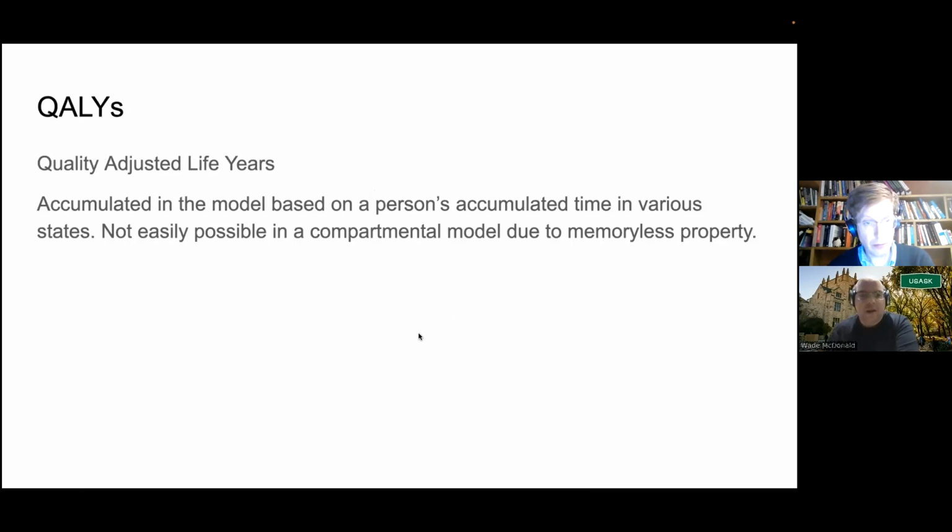Additionally, QALYs, which stands for quality adjusted life years and is a common measure in health economics, were accumulated in the model based on a person's accumulated time in various states. Such an accumulation is not easily possible in compartmental modeling due to the memoryless property of compartmental models.